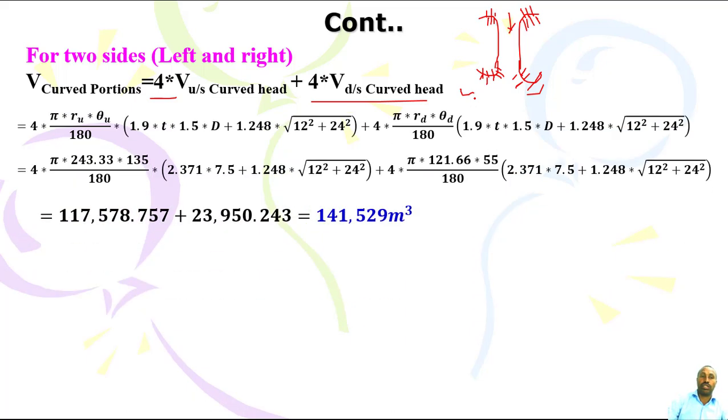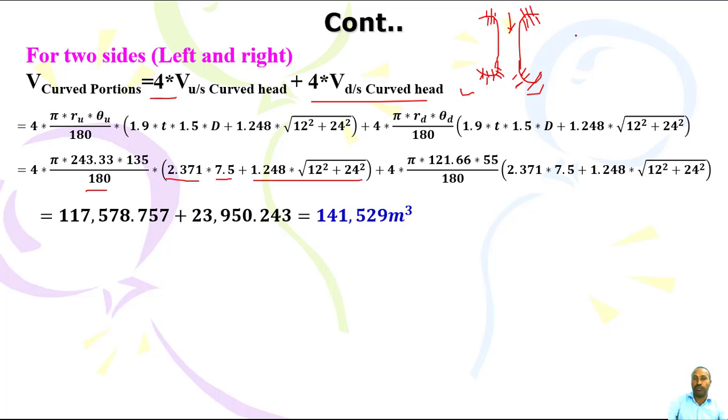So let's calculate now. First, the curve length of the upstream curved head: you have 4 times pi r theta over 180, which is the arc length of this upstream curved head, multiplied by the thickness and the length of the launching apron, then plus the slope protection again.